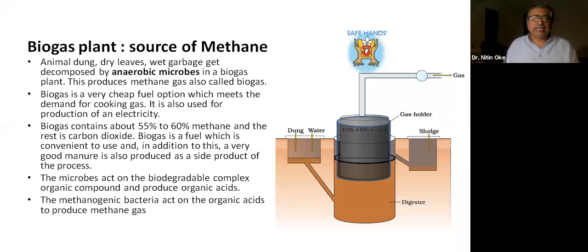They act on organic acid and they produce methane gas. This is how the process is. This is organic acid. This is general formula of organic acid, COOH. And here you can have anything, C2H5, CH3, anything over here.